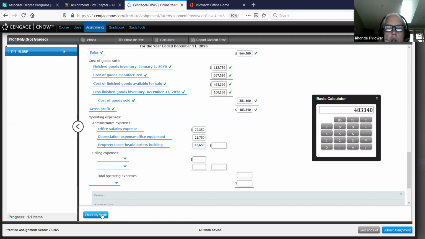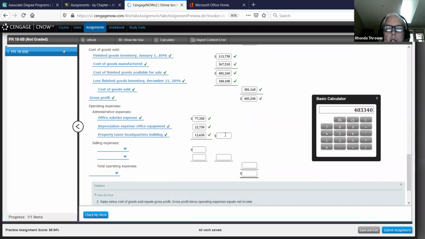So that's for the headquarters building, and make sure you subtotal it here. You may have noticed that when you are working on your homework problem 18-5A, you've got to make sure you put in the total of your administrative expenses and the total of your selling expenses.